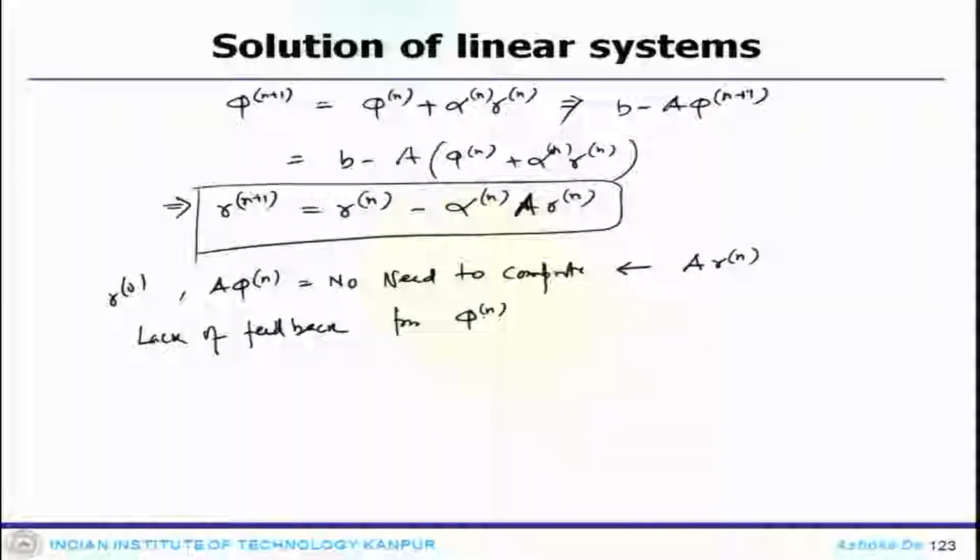From the previous iteration value, the feedback into the residual is not that much, which may cause the solution to converge to something very different from the exact one due to accumulation of some sort of round-off error. So this is one of the deficiencies of this particular approach, which can be overcome with a modified or better version.